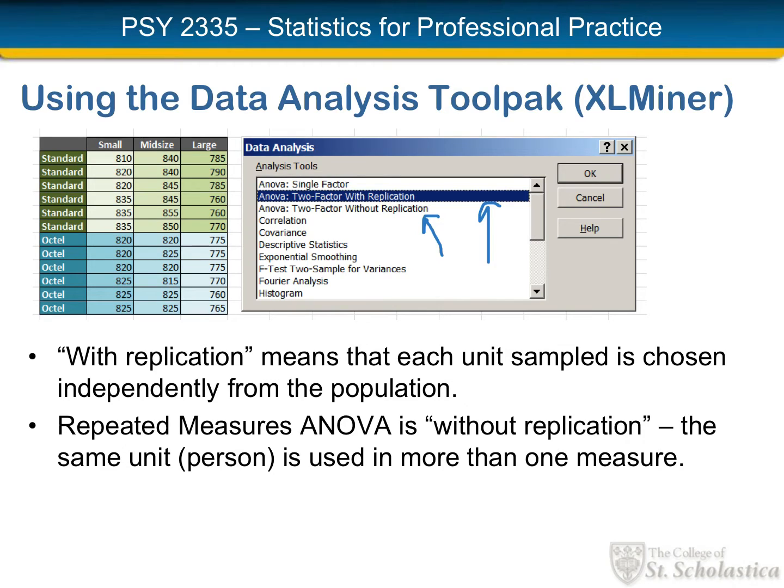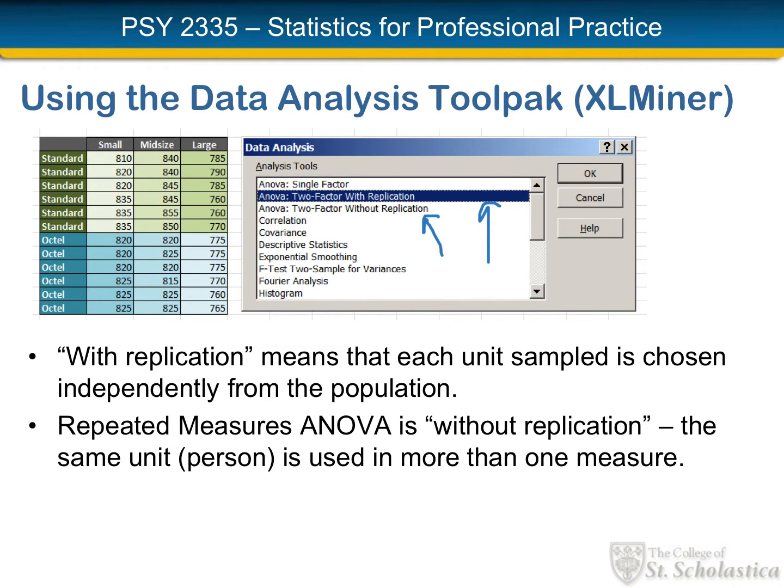That would be the situation where if I measured somebody before they entered treatment, 1 week after the treatment and 6 months after the treatment, a repeated measure, all on the same people, they aren't with replication because I've in fact used the same person over and over again in the study. So for this one, we're looking at two-factor with replication.